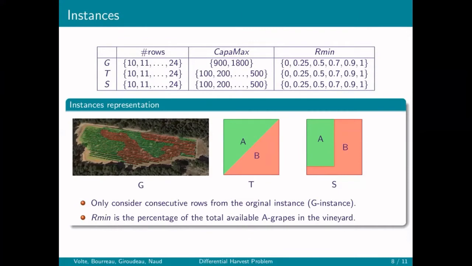And the T and S instances we consider to be the worst case instances because everything seems to be symmetrical, which will be difficult to solve for an optimization solver.